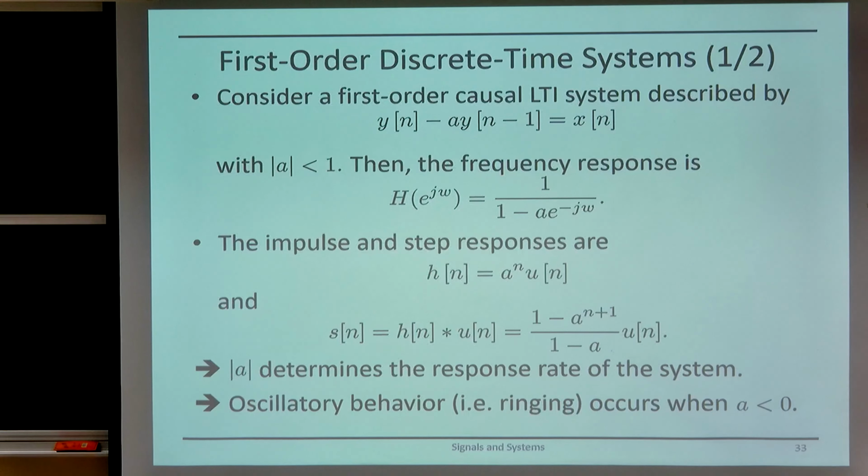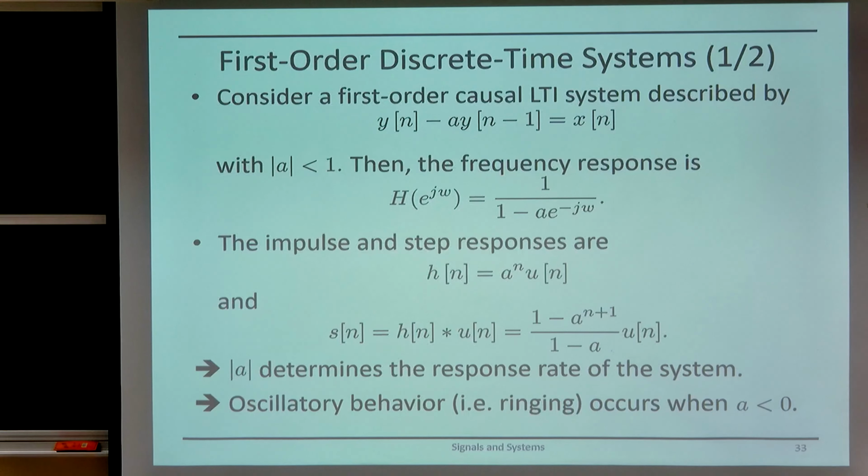And you can see that in these cases here. Okay, so for example, for A equal to minus 3 over 4, you see this thing that oscillates between positive and negative values, but still decaying towards 0. Okay. All right, so this is the impulse response. If you accumulate the values, if you pass this through an accumulator, then you get the step response like this. Right?